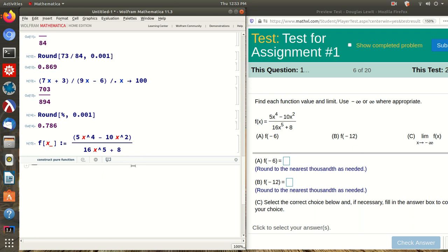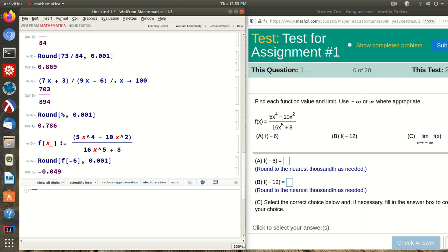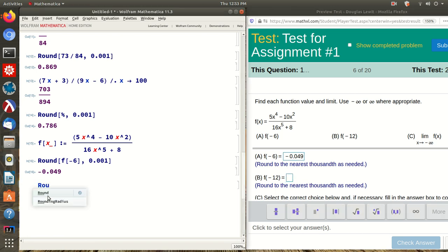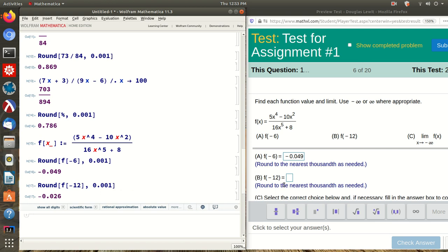Round to the nearest thousandth is needed, so round f of negative 6 to 3 decimal places, that's going to be negative 0.049. f of negative 12, rounded to 3 decimal places, is going to be negative 0.026.